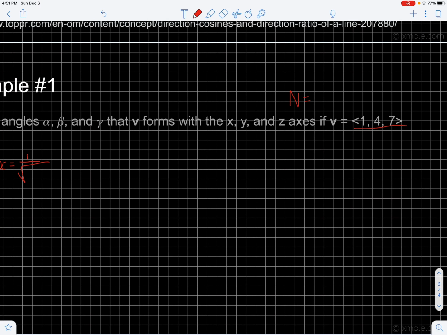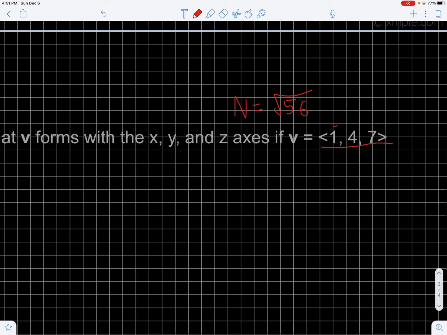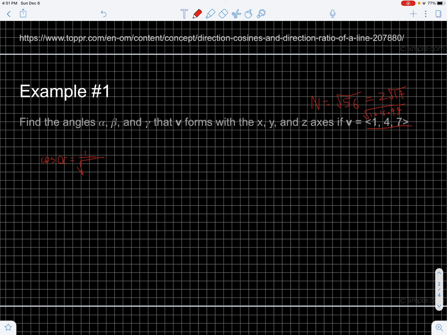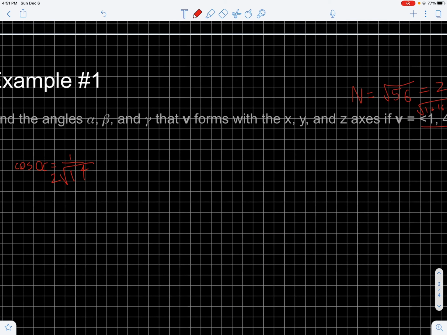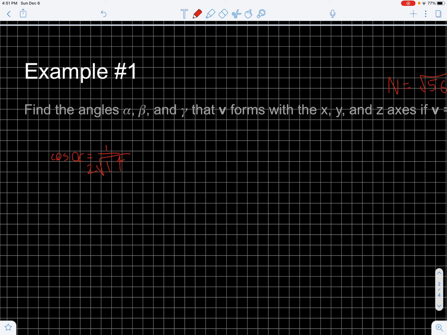We've solved this in other videos, but we're going to write it out. The norm equals the square root of 1 plus 16 plus 49, which is the square root of 66... 2 square roots of 14. So cosine alpha equals 1 over 2 square roots of 14.